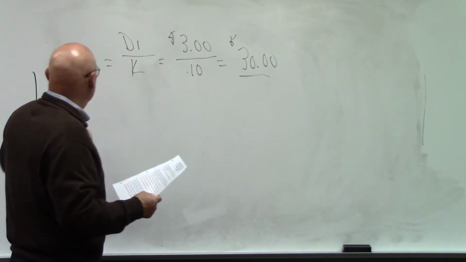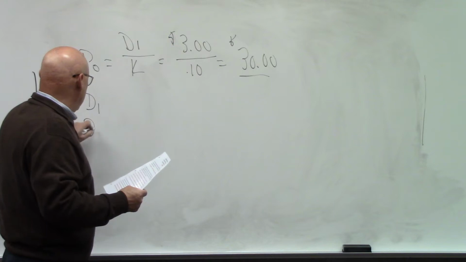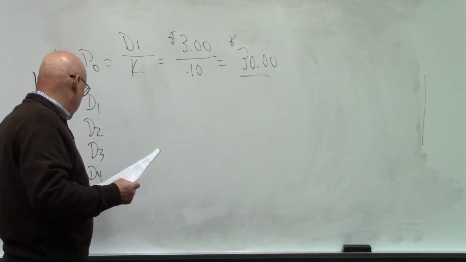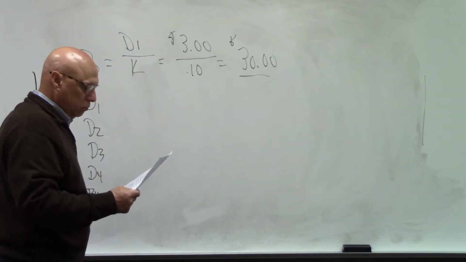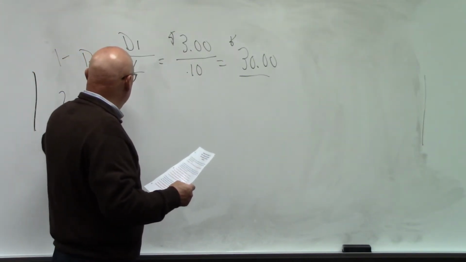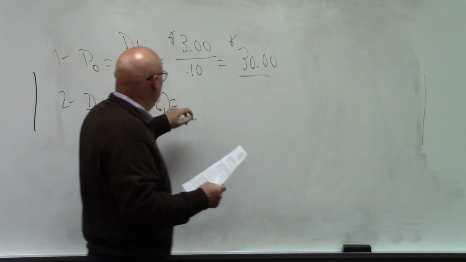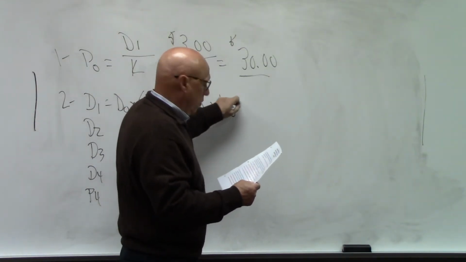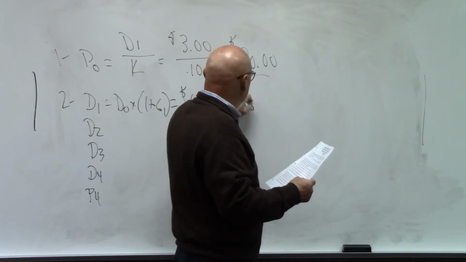So let's find our dividends. We have D1, D2, D3, D4, and P4. D1 is D0 times 1 plus G1, and that is 40 cents times 1.75, and that is 70 cents.